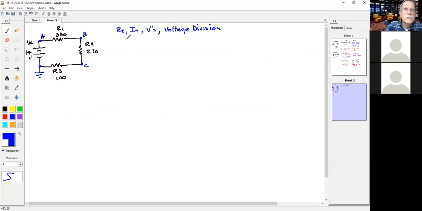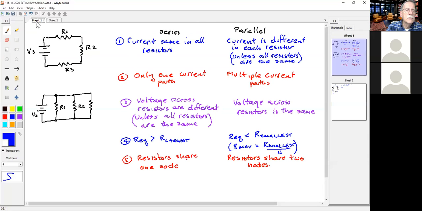So if we did that in this case, we would say that RT series circuit, oh, that's what I knew I wanted to put over there. Let me go back to the other page and add that to the bottom. So it's all on one page. The REQ for a series circuit is going to be R1 plus R2 plus R3, and we just keep adding for as many as we've got.